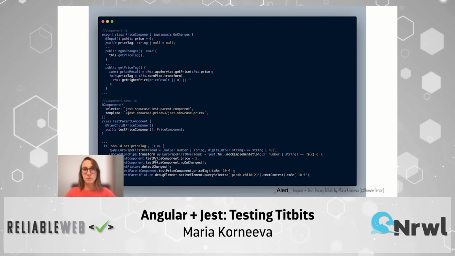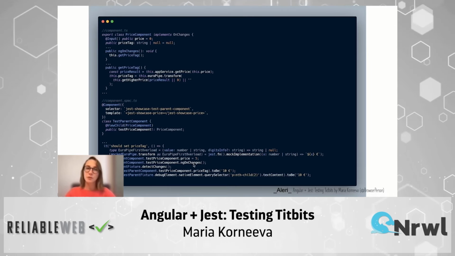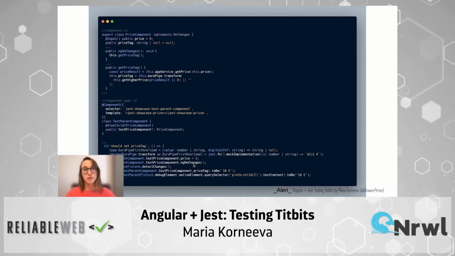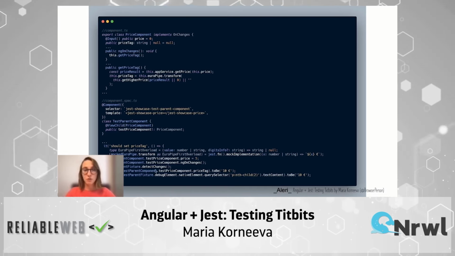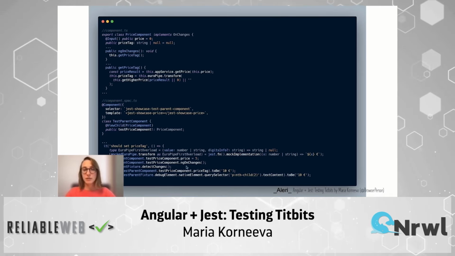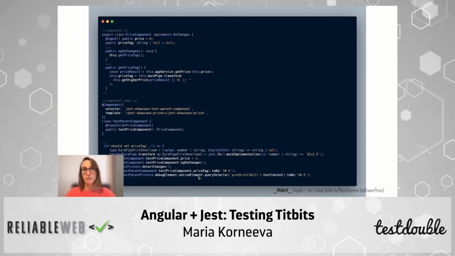You reference the component under test from your parent component and change the price. You have to call the ngOnChanges method by yourself because Jest doesn't do it for you. You have to call detectChanges for the template to be updated. And then you can test if the price tag has been updated and displayed in the template.